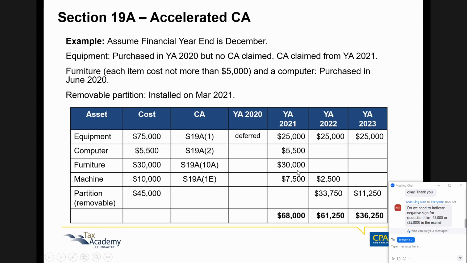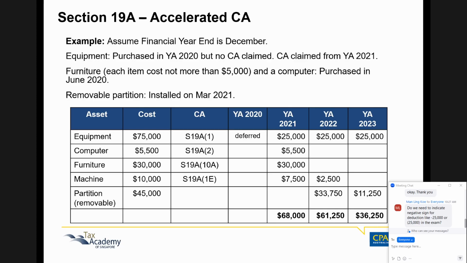Furniture. In this case, based on the information given, each cost not more than $5,000, so I can claim under the small value asset one. So just nice, let's say 30,000, then I claim all at one go.